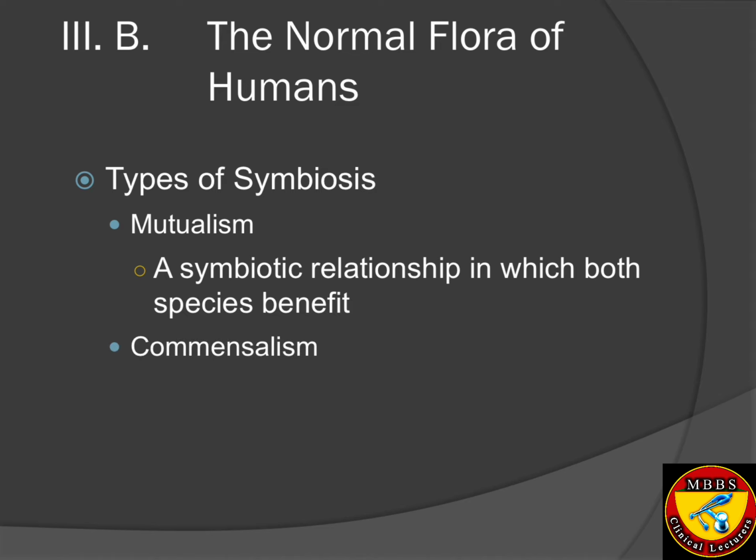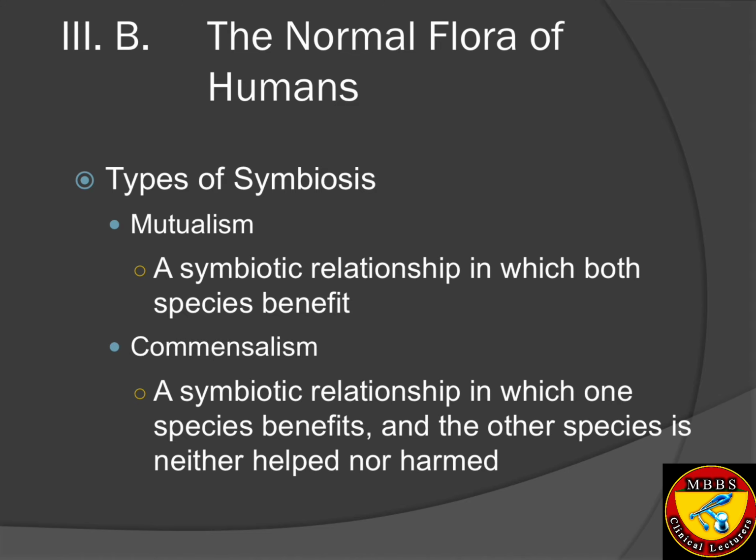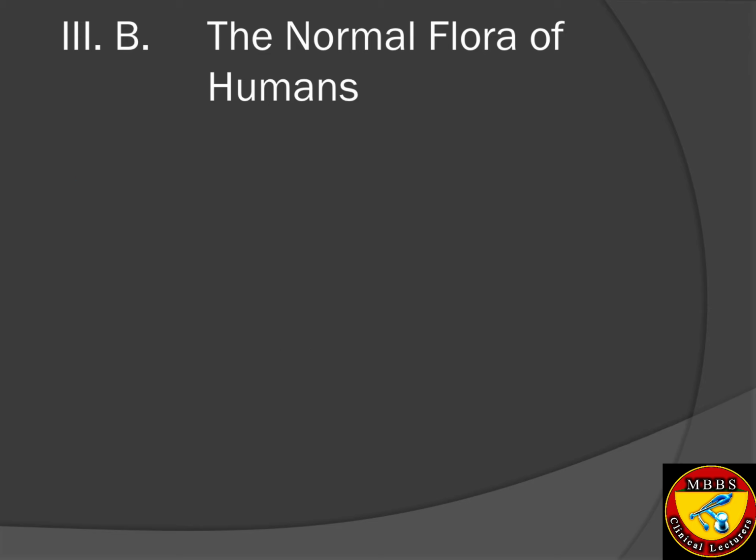And there can be commensalism, which is different, as this is a symbiotic relationship in which one species benefits and the other species is neither helped nor harmed. So it is just a harmless relationship for one host, and the other gets the benefit. These are the types of symbiosis.